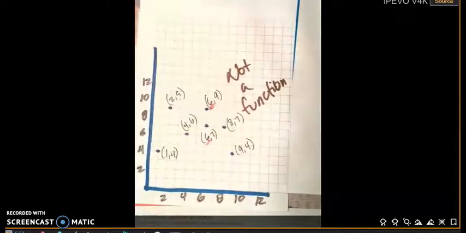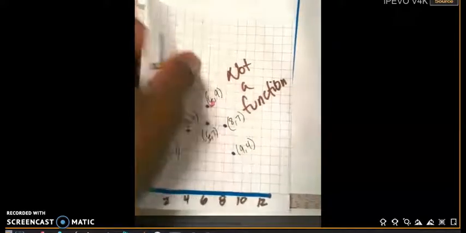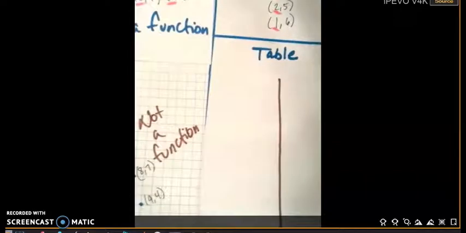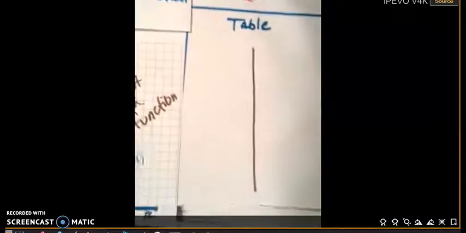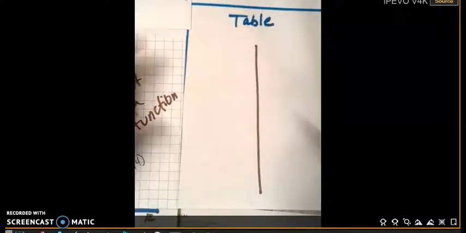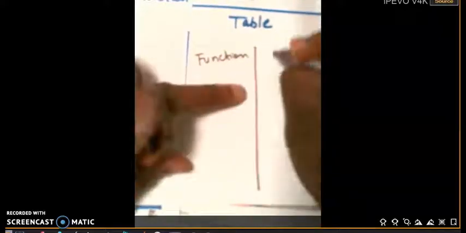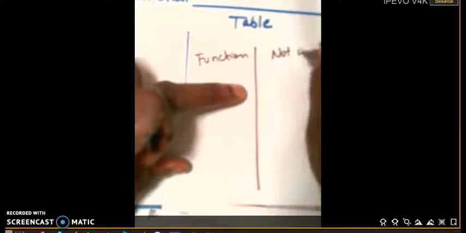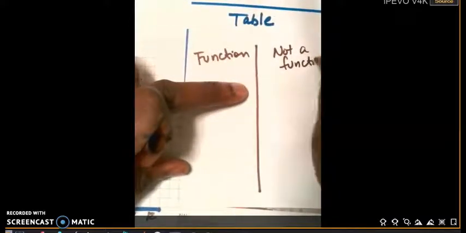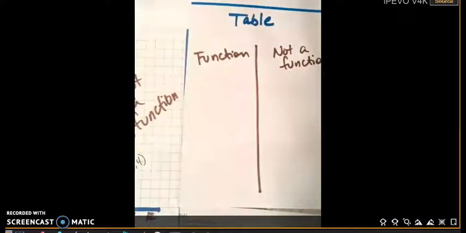Okay, so now I'm going to move this over. At this point, we're looking at a table, and I'm going to give you a function and a non-function. As we know, a table is simply a structured version of a set of ordered pairs that just happens to be structured in columns and rows.